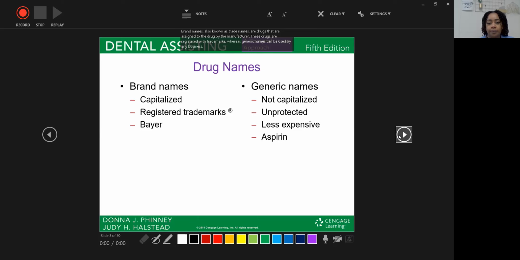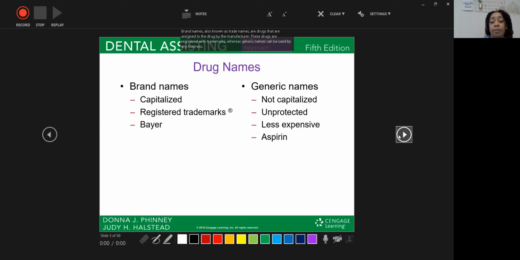So, for example, a brand name would be Bayer, the Bayer aspirin you can buy over the counter. It's a pain reliever, and some people take it for their hearts to keep them beating correctly. And then the generic name for Bayer would be aspirin.